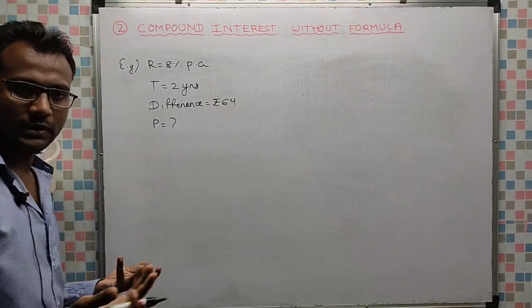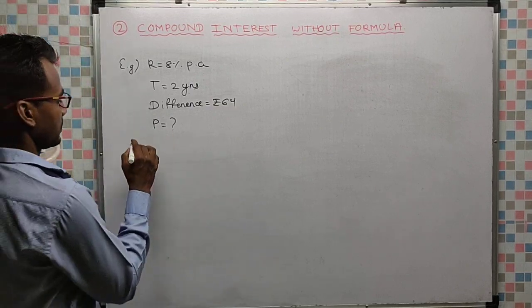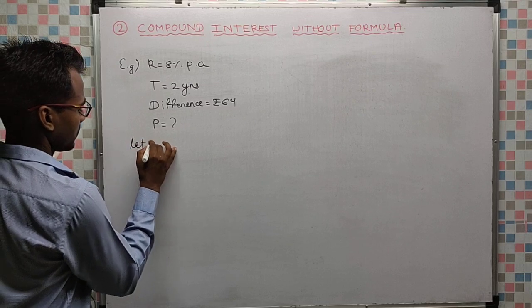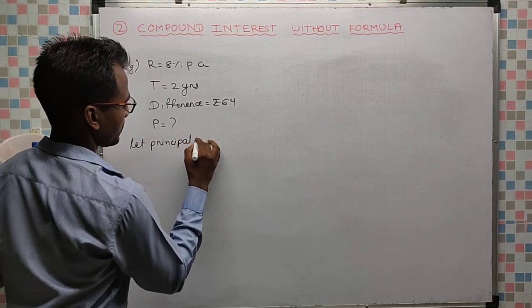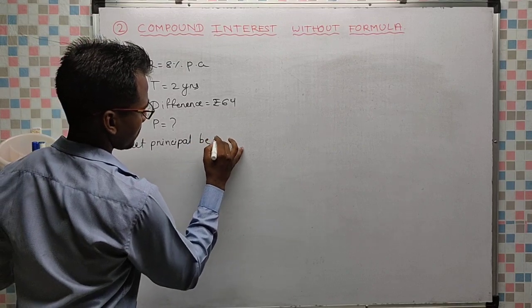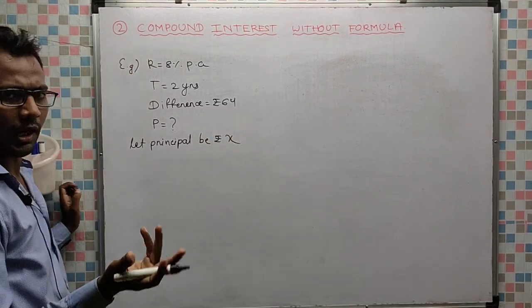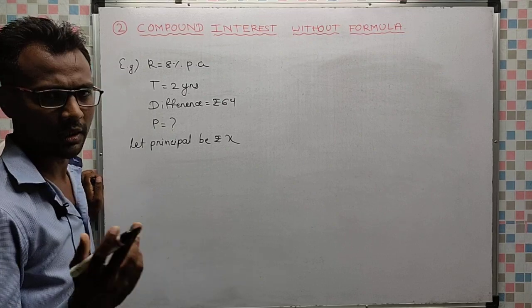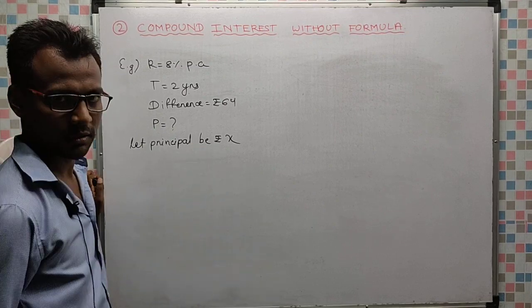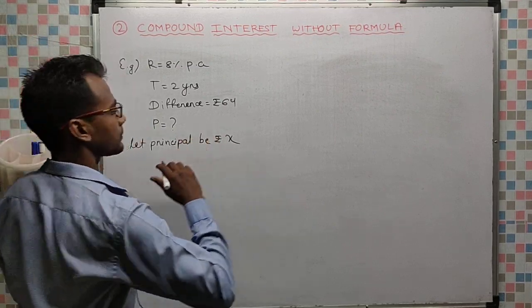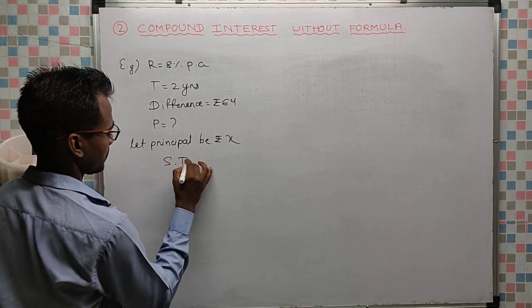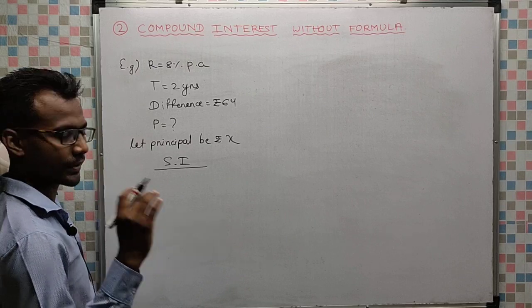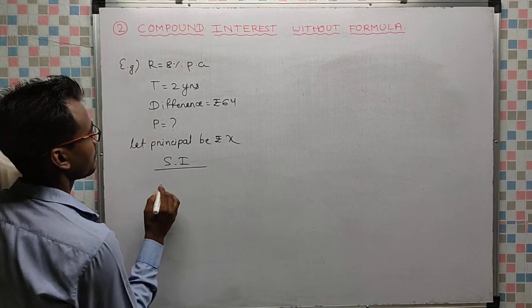Okay, principal is not given, let principal be rupees X. You can take 100 also, but if you take 100 you will get decimals, so I am taking X. First let us go for SI.